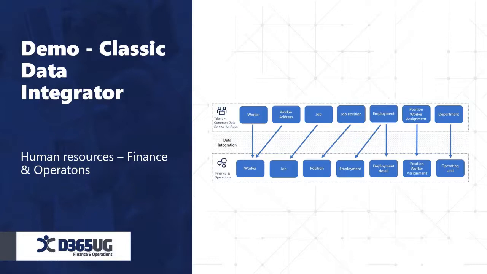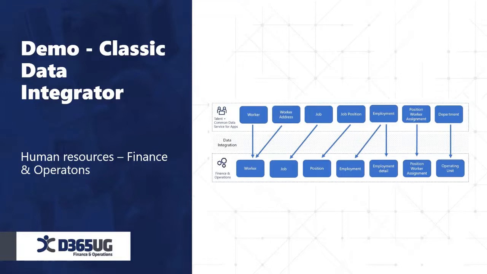So again, I mentioned templates. When you use classic data integrator, Microsoft provides the templates. It's a set of entities with the field mapping, so that work is done for you. The mapping between two systems, field to field, is done for you. You just use that template, customize it, or build your own template on the basis of the provided template.